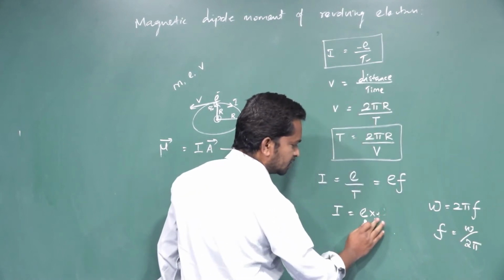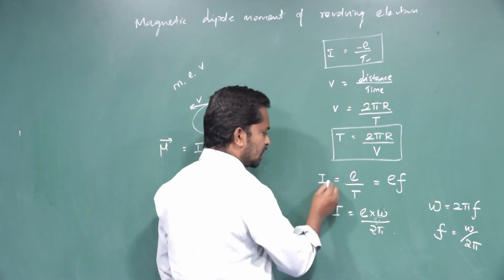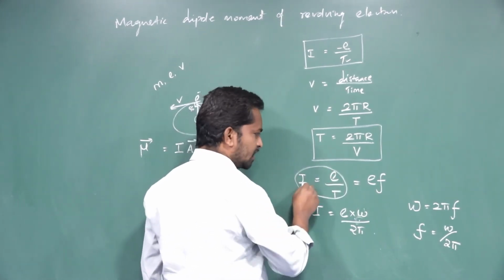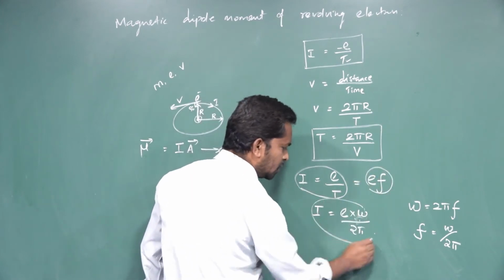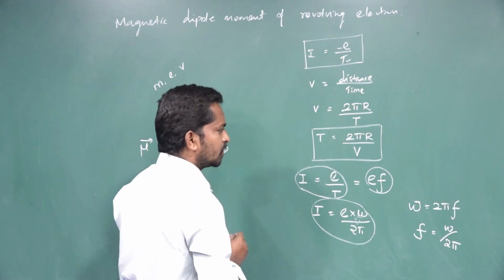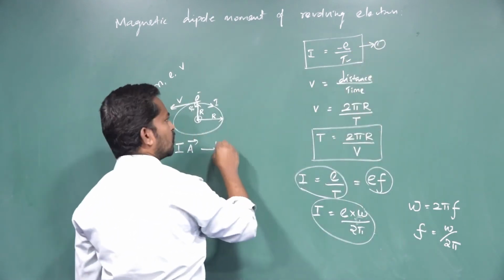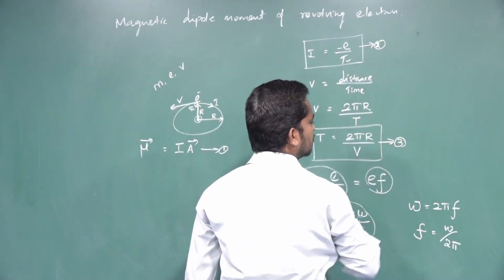These are the current equations: I is equal to e by T, or I is equal to e f, or I is equal to e omega divided by 2 pi. This is equation number 1, this is equation number 2, and this is equation number 3.